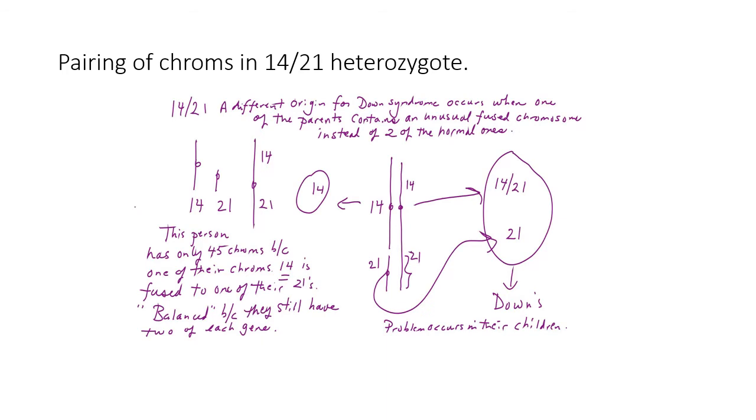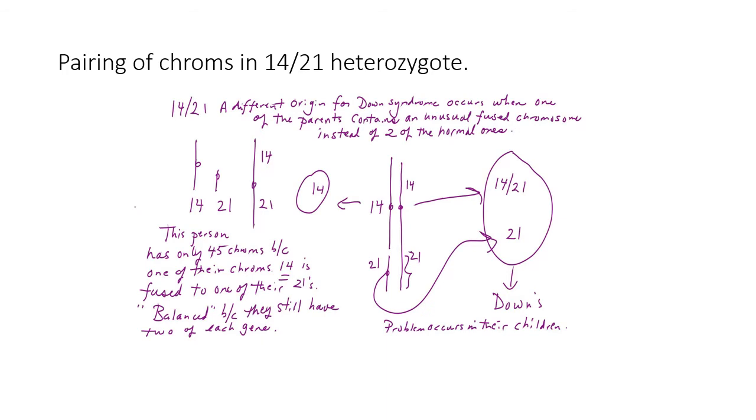Right, there's one translocated chromosome and there's one each of the normal chromosomes. Well, these are able to pair during meiosis because they are homologous. The normal 14 pairs with the 14 part of the long fused chromosome. The 21 pairs with the 21 part of the translocated chromosome. So far, so good, but problems arise when the gametes are formed, depending on how the chromosome 21 segregates.